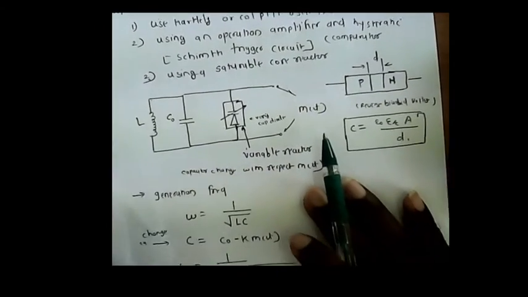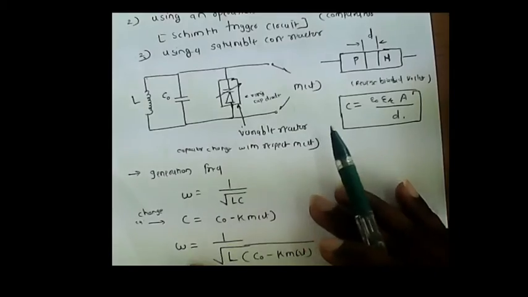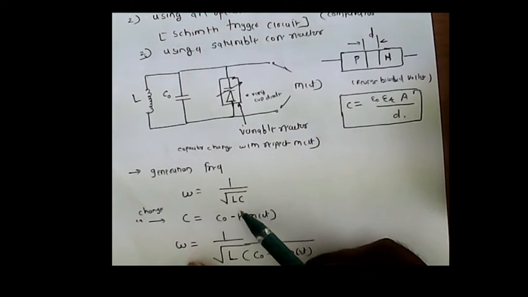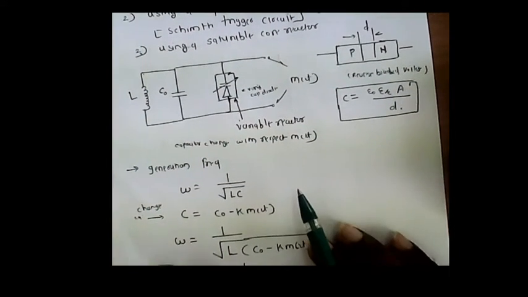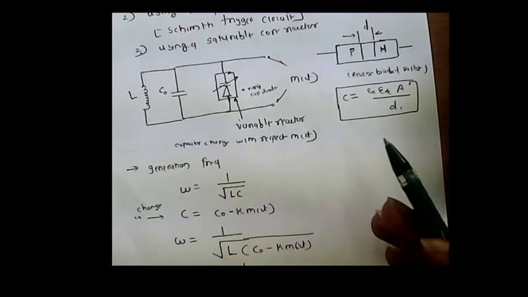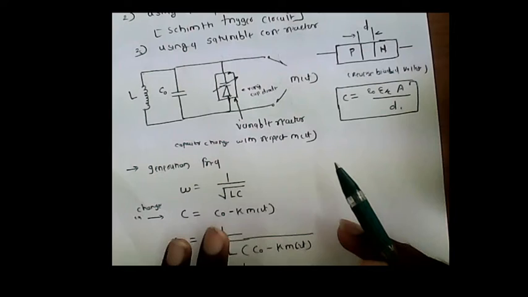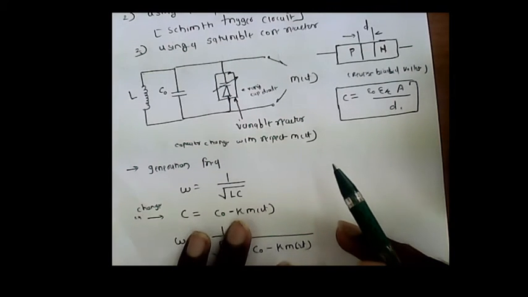The frequency generated is omega equal to 1 upon square root of LC, with the change in capacitance being the output capacitance C0 plus K times m(t), where K is a constant.